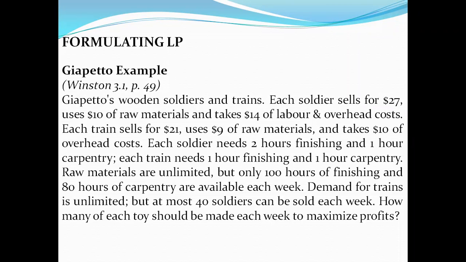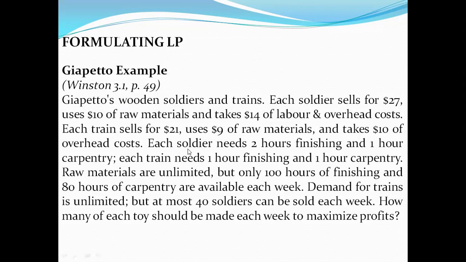Next, there are different constraints here, that is labor charge and raw material charge, and another one, the output consideration: how much time is taken by the worker to finish a particular product, which we will move on to further.